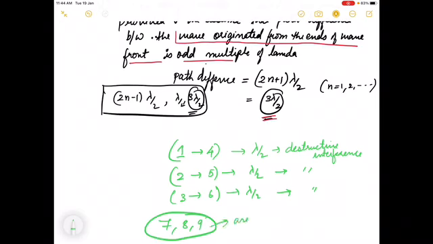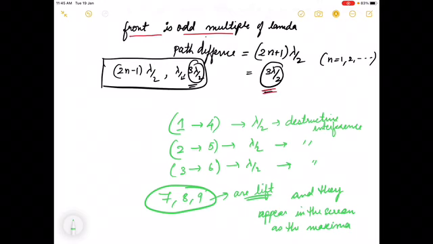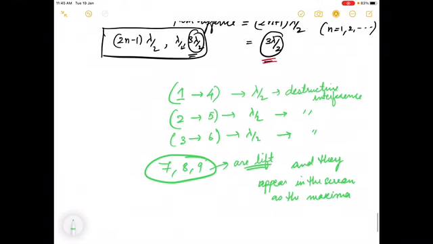They are left, and they will appear on the screen as the maxima, right? Very important, you have to understand.